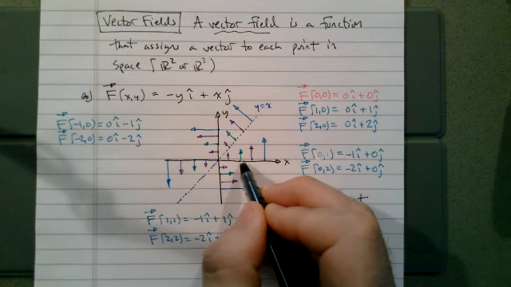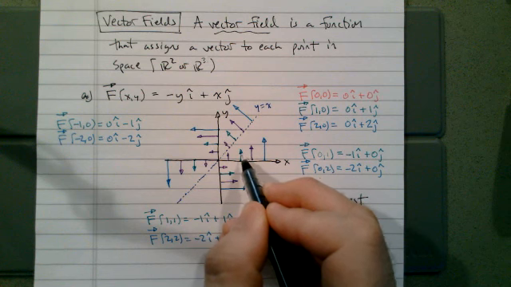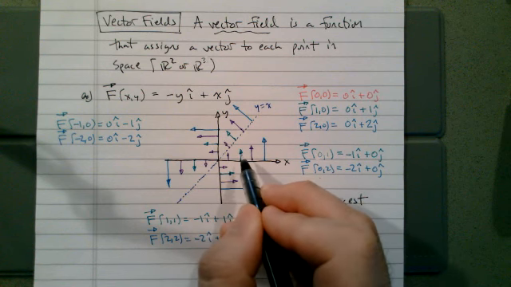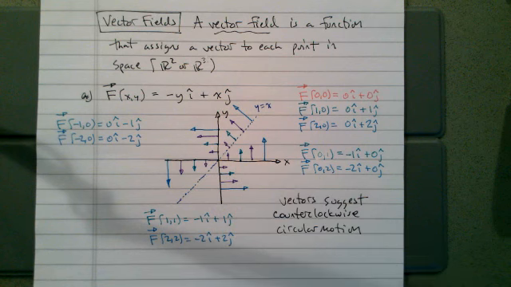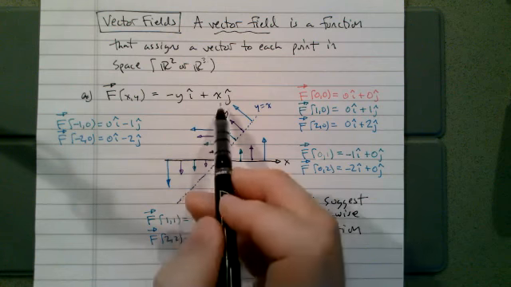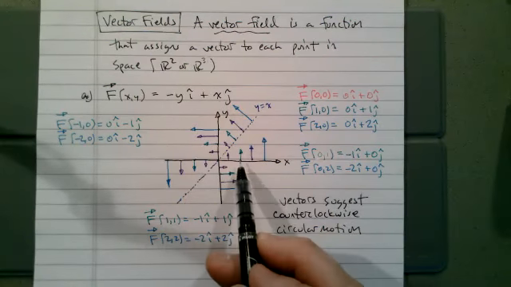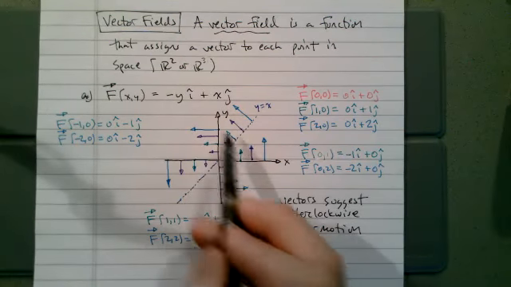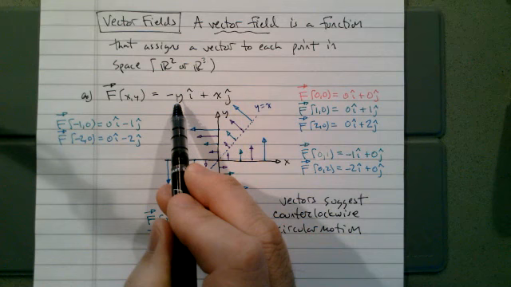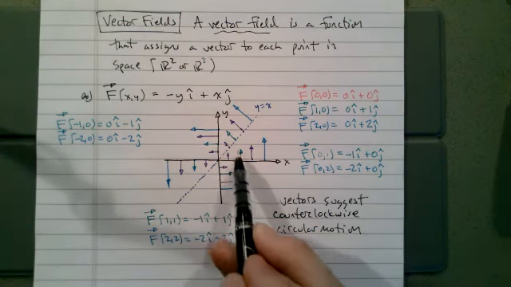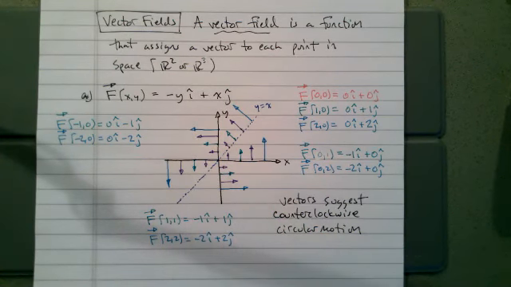And then once we're up a little bit off of the x-axis, we won't be going vertically because our y-coordinate is going to push us. Our x-coordinate is going to start decreasing. And it's going to be less pull up, and we're going to start pulling to the left. So it's going to start pulling us around in a circle. Any questions?